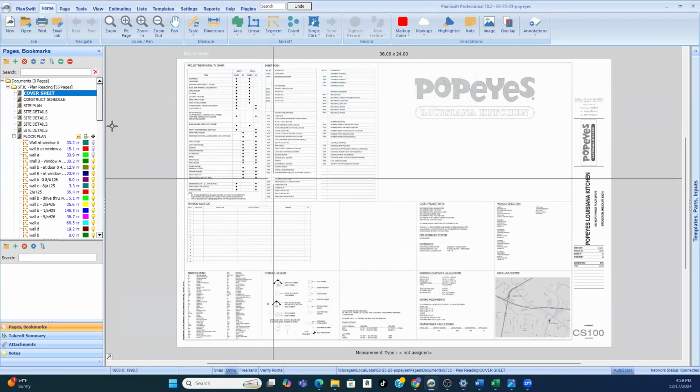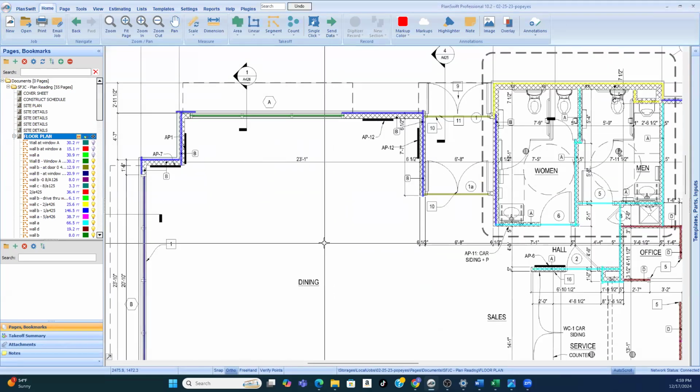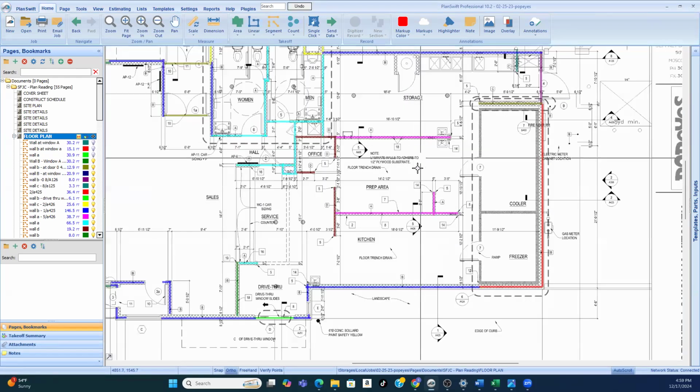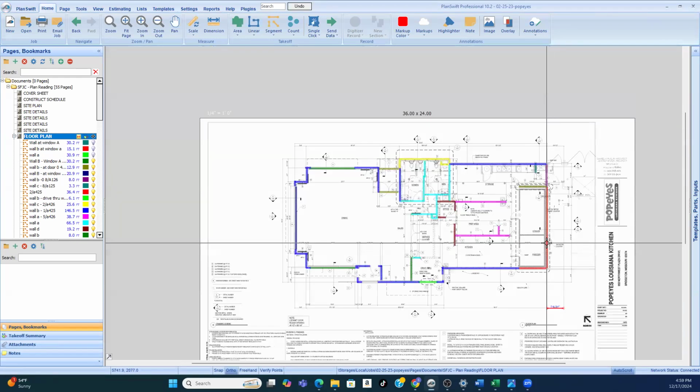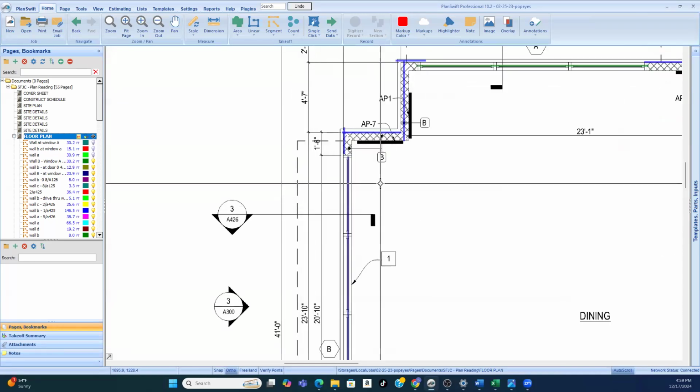So, here's a Popeyes Louisiana Kitchen. A beautiful example of section views, more than you need. Here's the floor plan, and all the different colors are all the different types of walls. I always like to say the section view is the architect telling you this section of wall is built this way.